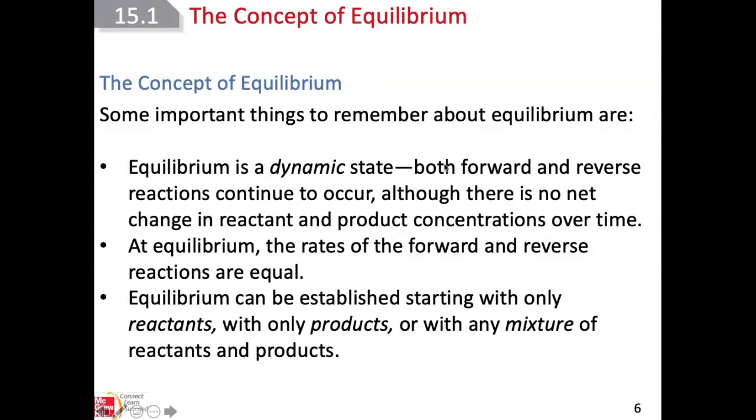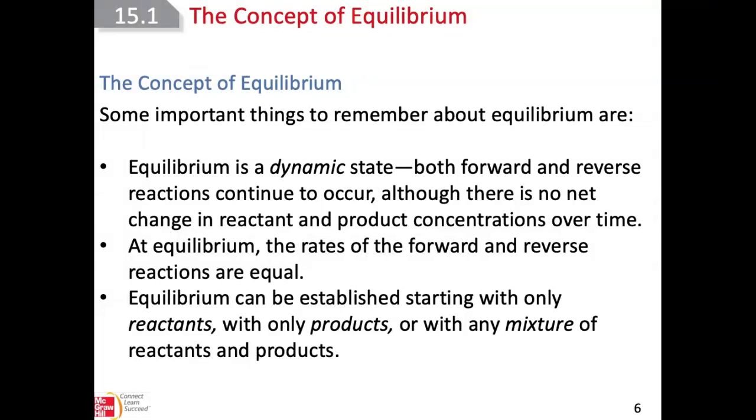The only thing is the rates are equal to each other, and we will see no changes in the concentration of the reactants and products. At equilibrium, the rates of forward and reverse reactions are equal. Another thing is that equilibrium can happen when we only have reactants, no products.